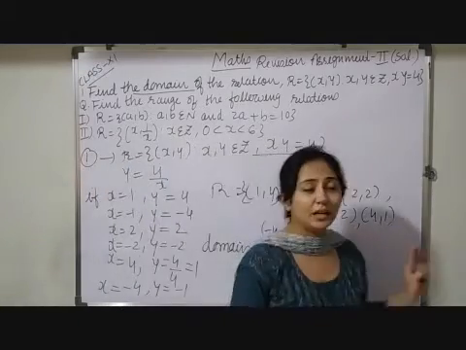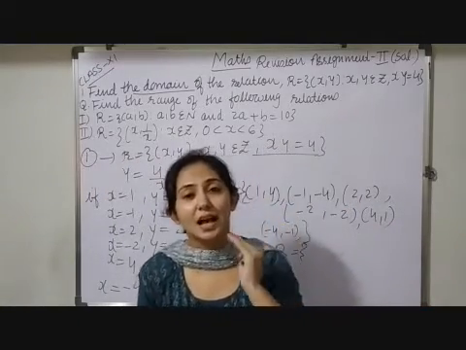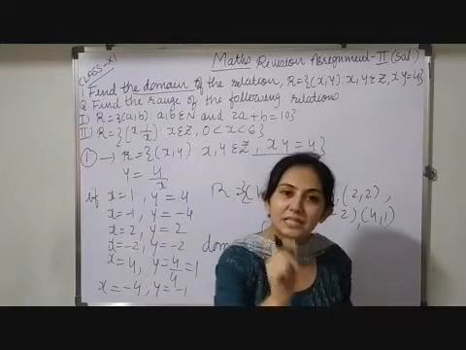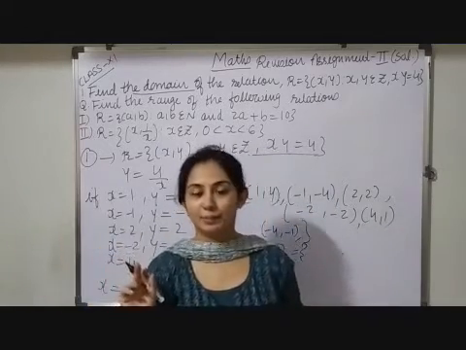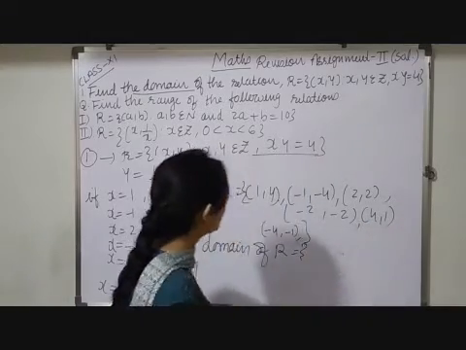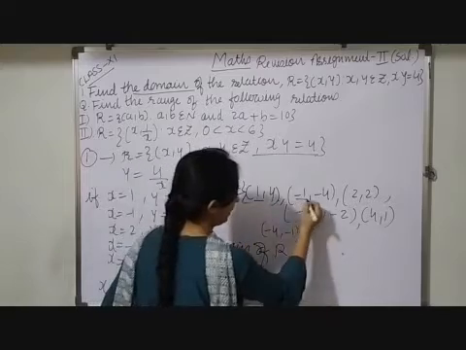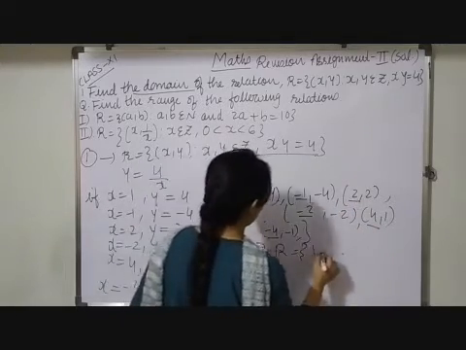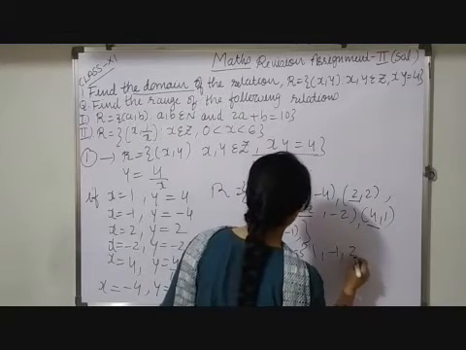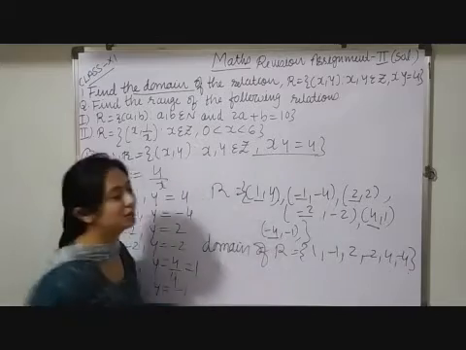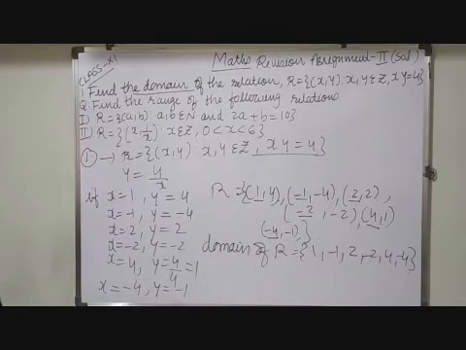After getting a relation set R in roster form, domain means all first elements of your ordered pairs, and range means the second elements of your ordered pairs. So here the first elements are 1, minus 1, 2, minus 2, 4, minus 4. So we write 1, minus 1, 2, minus 2, 4, minus 4. This is the domain of the given question.